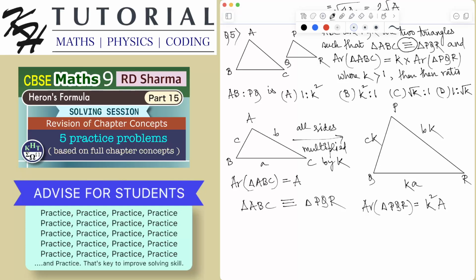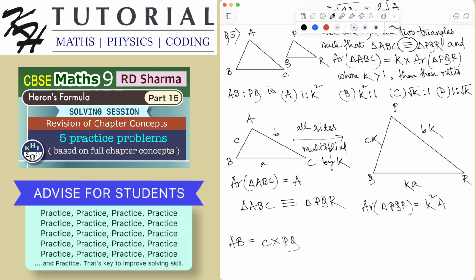So obviously we must have AB, the length of side AB of the triangle ABC must be some constant, let's say C, some constant C times the length of the side PQ of triangle PQR.